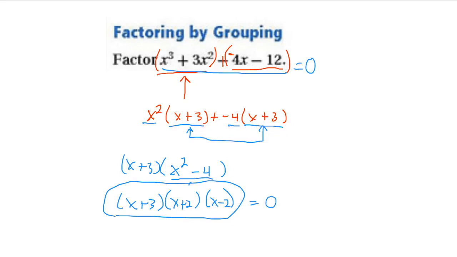Once you factor something and it's set equal to 0, your solutions are what makes the parentheses equal to 0. So my answer would be x equals negative 3, x equals negative 2, x equals positive 2. These are the solutions to this equation. That's why we factor, so we can solve really crazy equations.